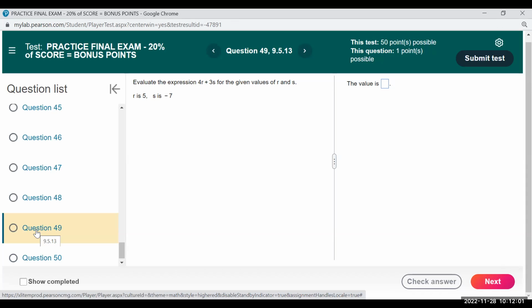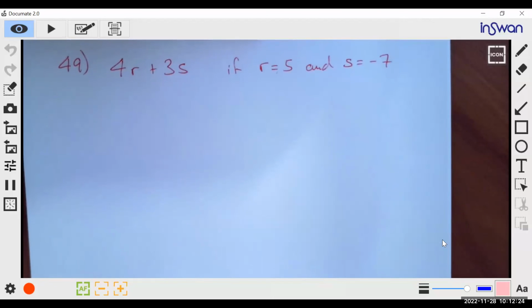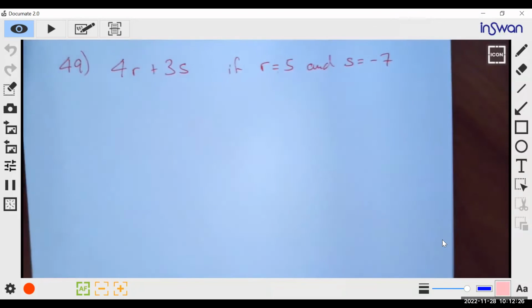Evaluate the expression 4r plus 3s for the given r and s value. If r equals 5 and s equals negative 7. So what do you do with those numbers?